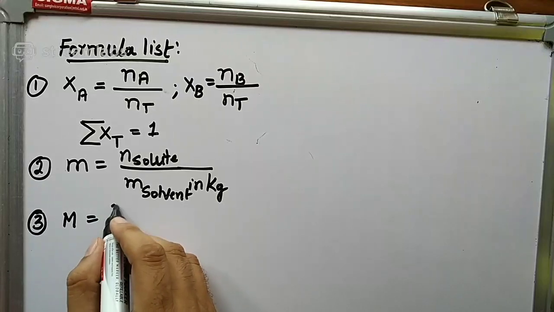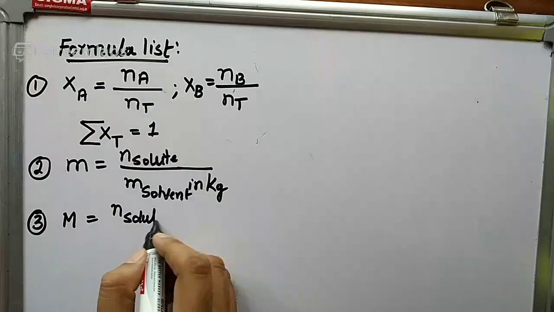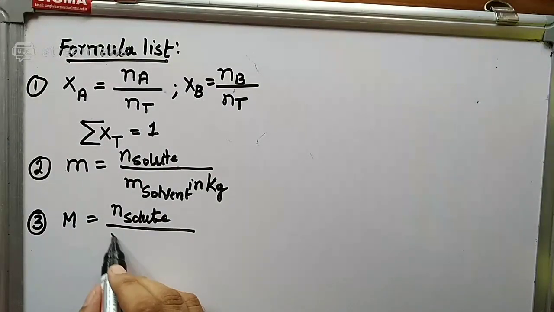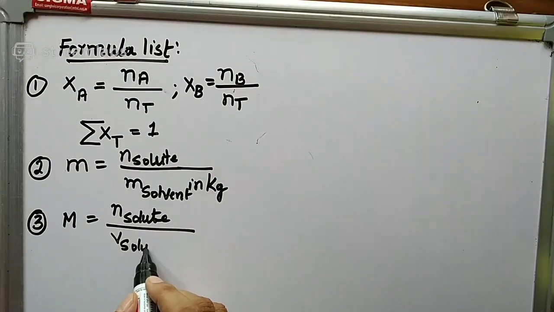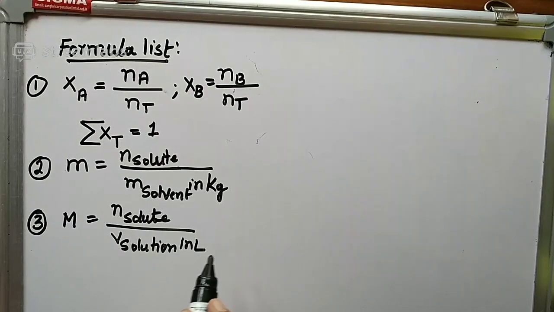Then the third one is that molarity is equal to number of moles of solute divided by volume of solution in liters.